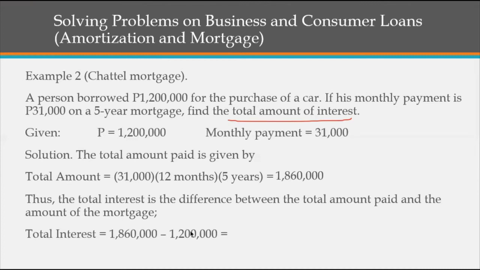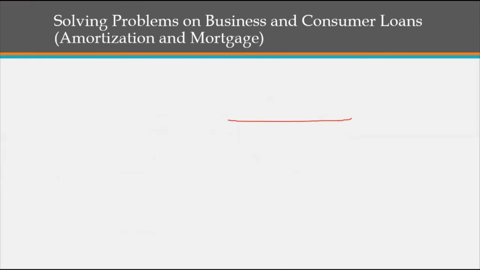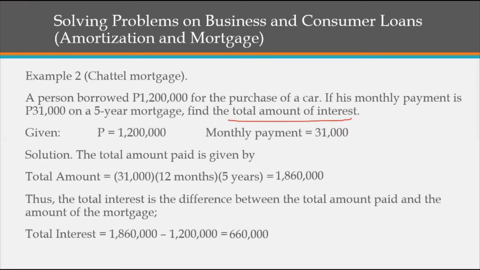So, ang difference nun ay 660,000. So, finally, we have the total interest. Kinuha lang natin yung difference, the total amount at nung principal. Kuha natin ang total amount of interest. Okay, so tinatawag itong chattel mortgage kasi yung given natin ay movable property.